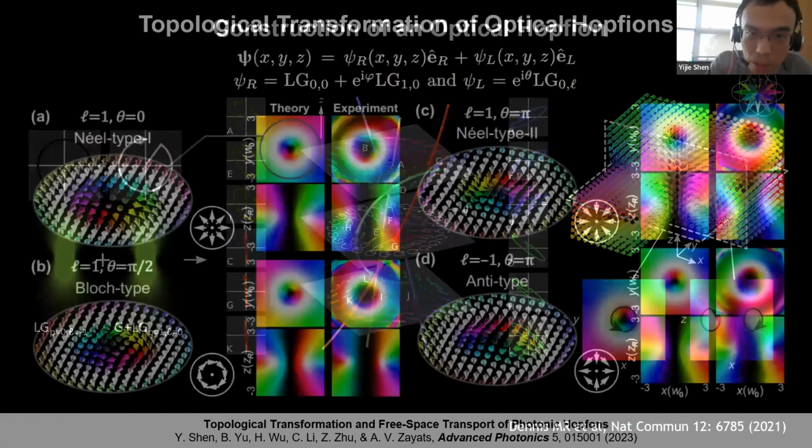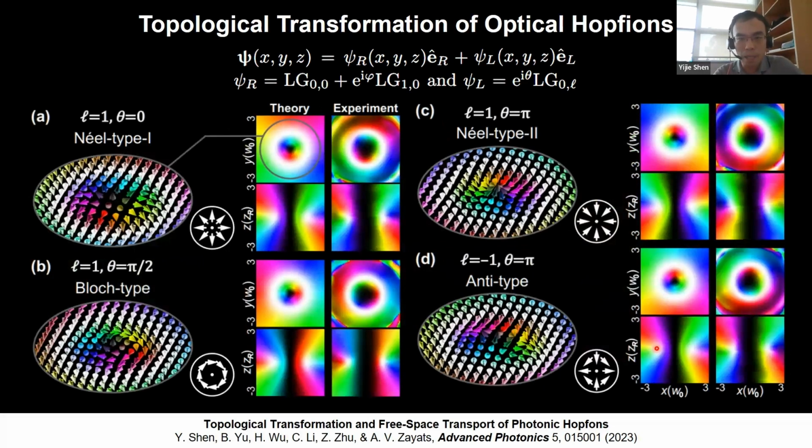You get this skyrmion, a hopfion, and in the cross section you can observe the 2D skyrmion. The next work I did was to introduce topological transformation into the optical hopfion. I also introduced the intermodal phase between the logarithmic modes, as components of the vector beam, and by driving the intermodal phase we can control the Néel type, hedgehog, Bloch type, vortex, and the anti-skyrmion saddle-like textures.